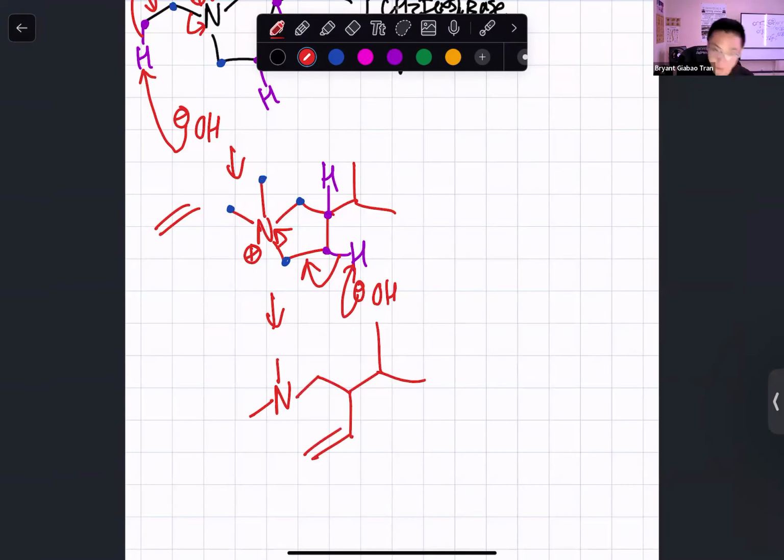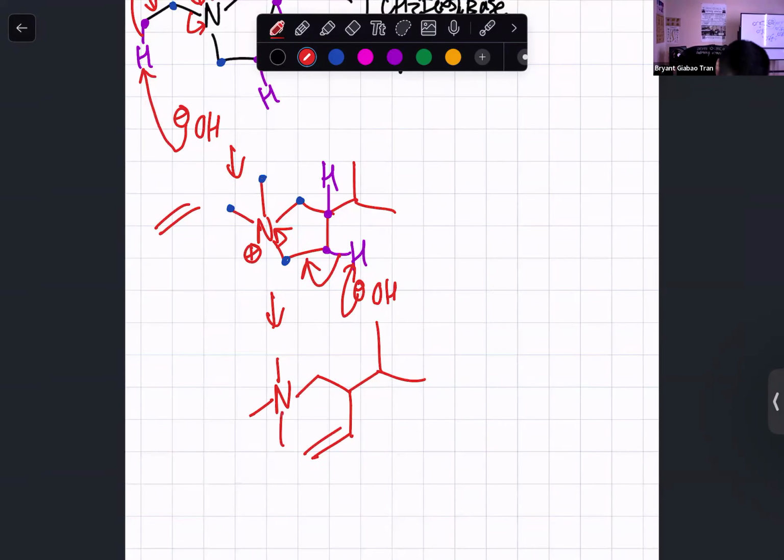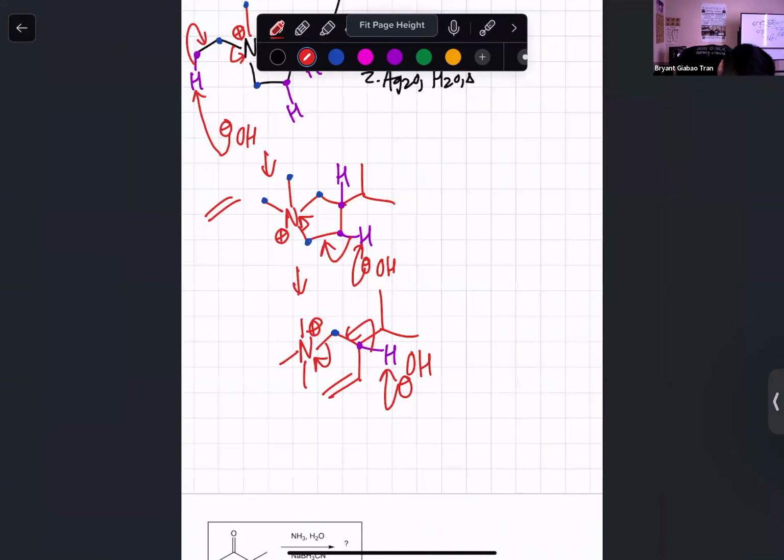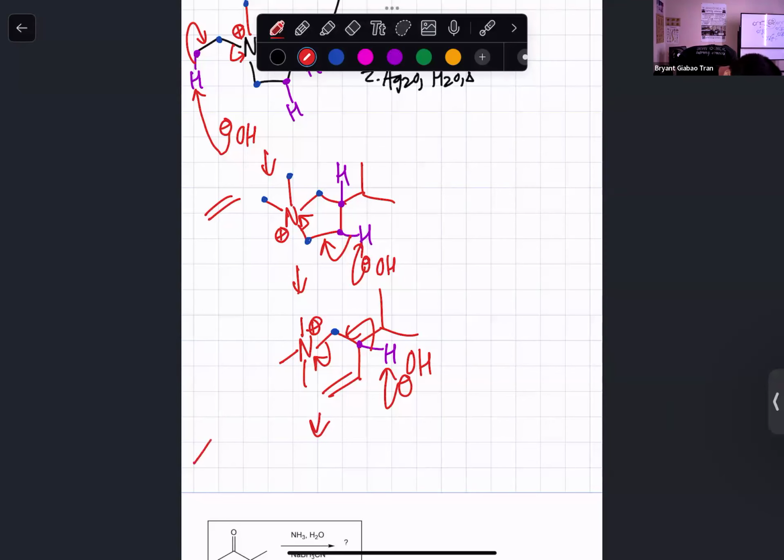But we're not finished yet. We don't have the key yet, we don't have the trimethylamine. So we over-methylate that nitrogen again and find the alpha carbon and the beta carbon. There's now only one beta carbon to deprotonate, which is this one. Grab that hydrogen, make that double bond there, and kick out that leaving group, the key, to give us this product here, the key to stop the reaction.